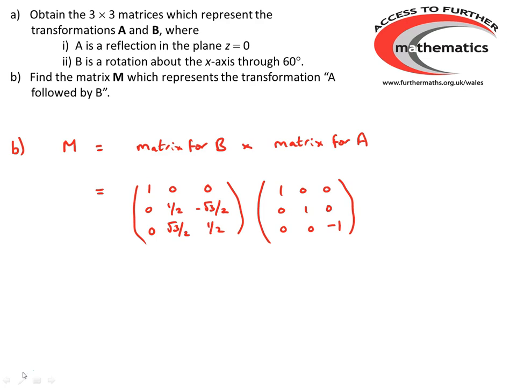So there's the matrix multiplication that we have to carry out, and performing that calculation we end up with the answer. Now that gives us our first solution for this example.